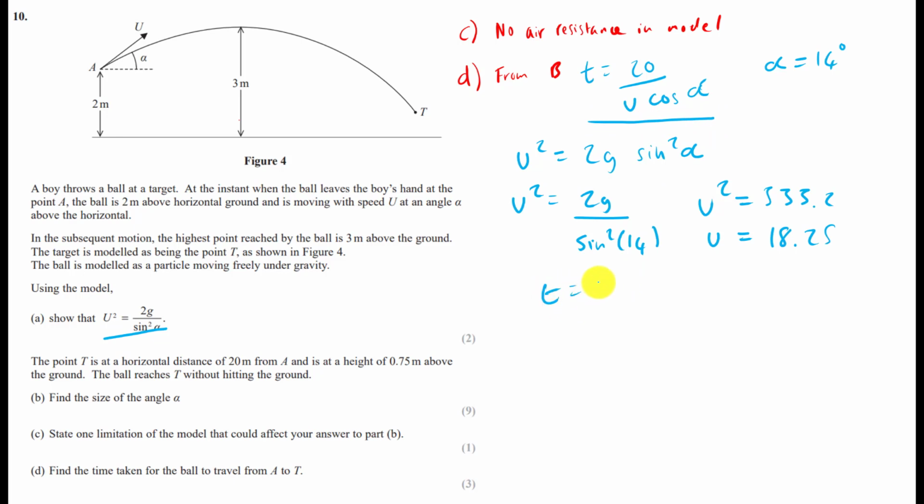So T equals 20 over U, which is 18.25 cos 14, and we get T equals 1.13 seconds, which is the time it takes the ball to reach here. Okay, that is done.